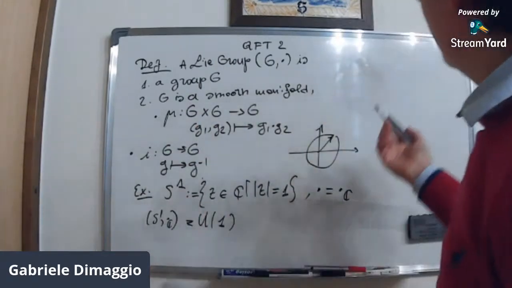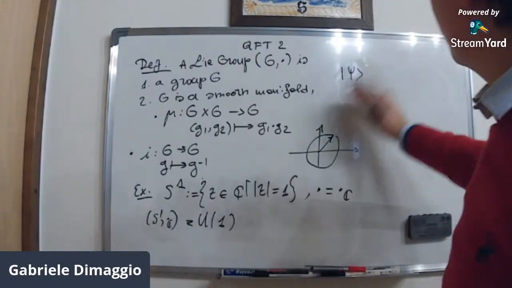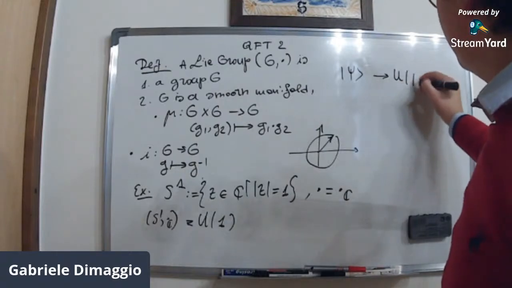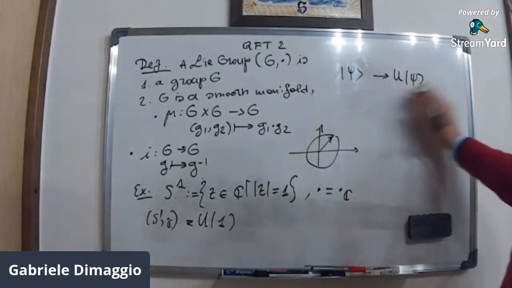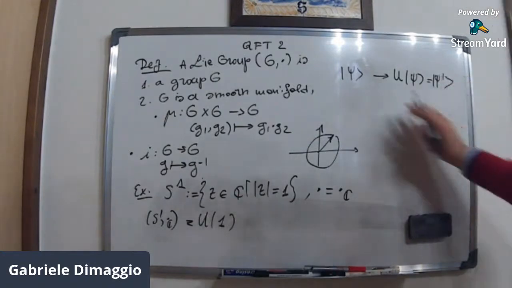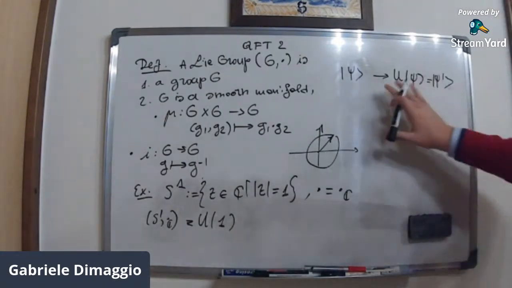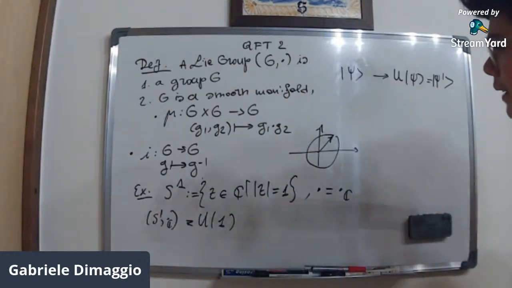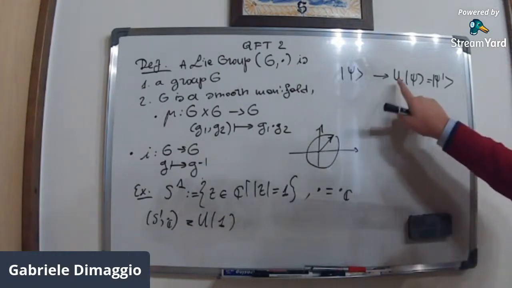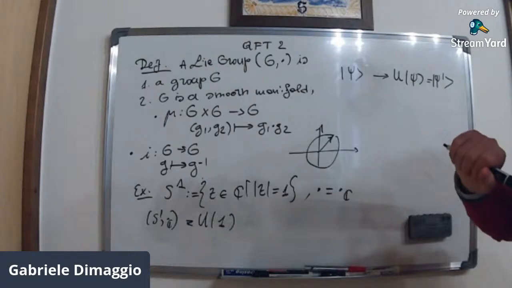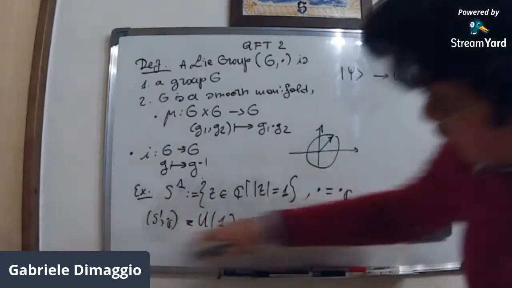So for example, I take the vector psi, and then I have the vector u psi, and this is psi prime. Perfect. So it's a transformation between two vectors in quantum mechanics, and this is an operator, a unitary operator. Okay, perfect.